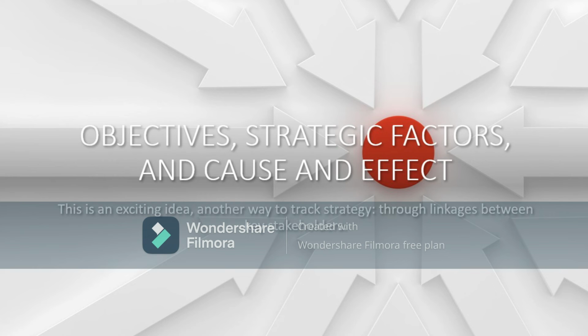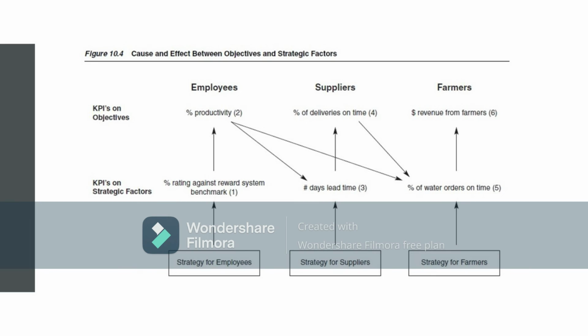Figure 10.4 illustrates this graphically. We see here how strategic factors and objectives are linked for a single key stakeholder, for example, employees, and how objectives for one key stakeholder are linked to strategic factors for another key stakeholder.